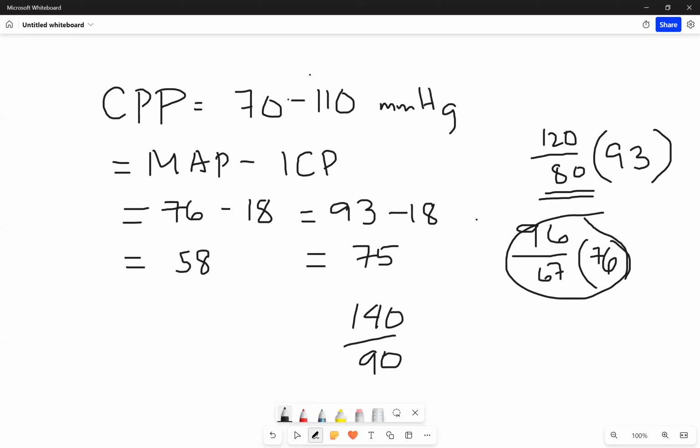Let's say the blood pressure is 120/80. Are you going to give the mannitol? Not in this stroke patient. Okay? It's too low because what's the minimum? We need it to be 140/90. So if the blood pressure is at least 140/90 or higher, can we give mannitol? Yes, but never if it's already below.